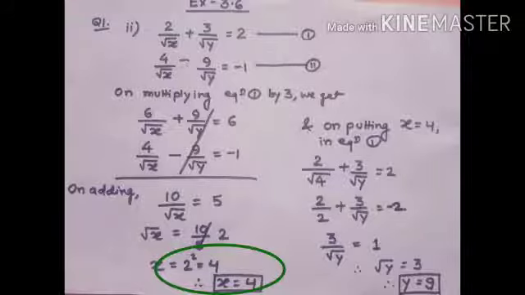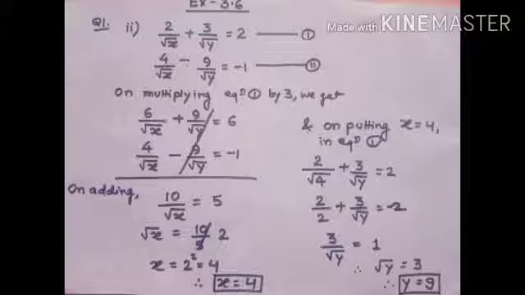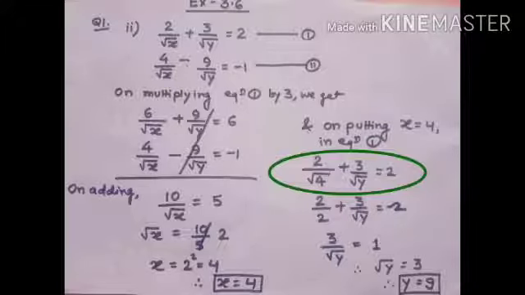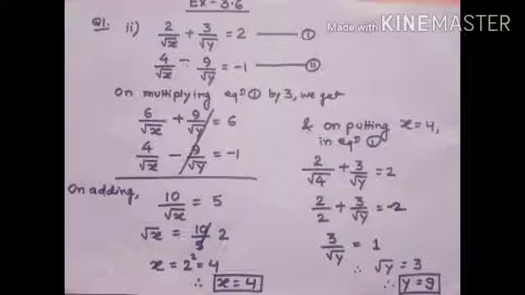Now on putting this value of x as 4 in any one of the equations above, you can see on the screen that putting x = 4 in equation 1, we get 2/√4 + 3/√y = 2.